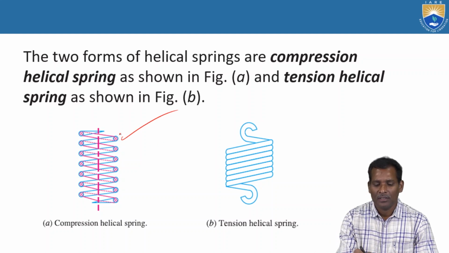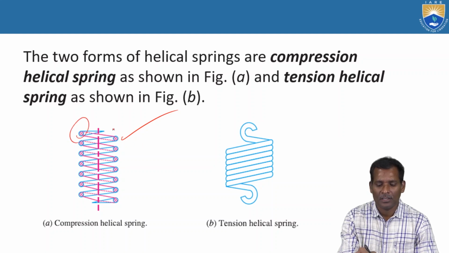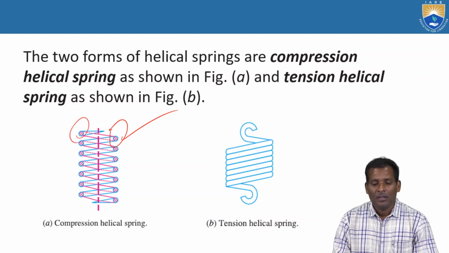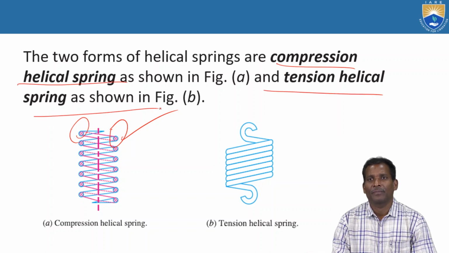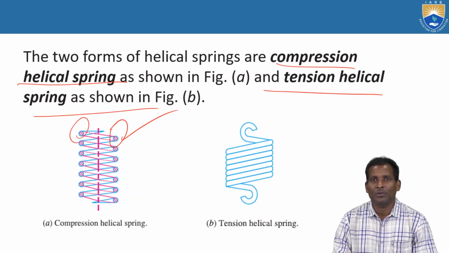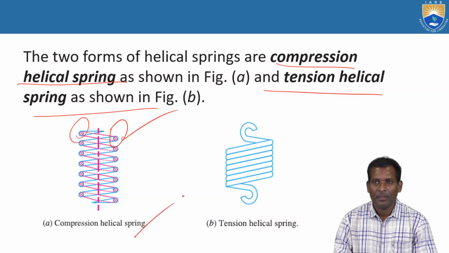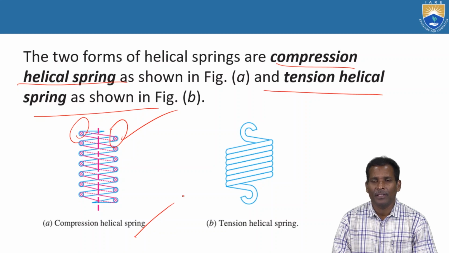The two forms of helical springs are classified as compression helical springs and tension helical springs. In figure A is shown the compression helical spring, and in figure B the tension helical spring.